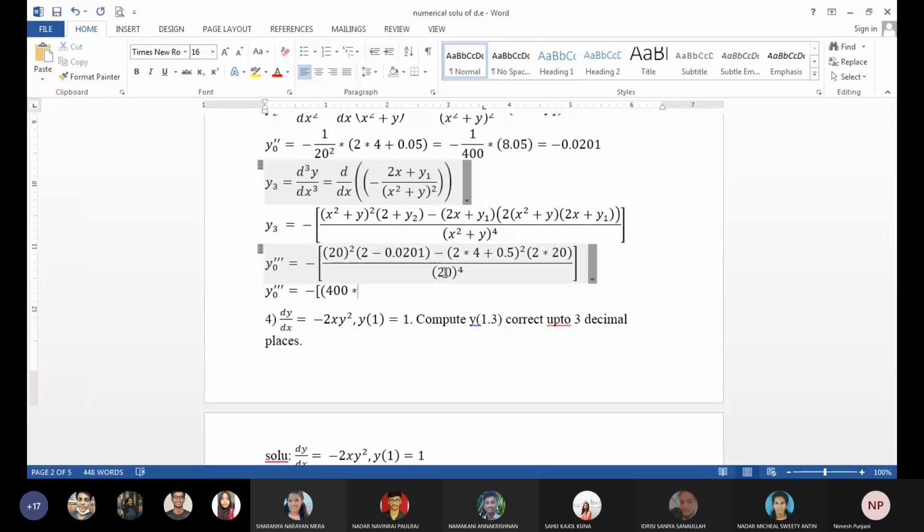So I can make things a bit simple, cancel out 20. It's okay, we are allowed to use a calculator, so we will not go into that part.